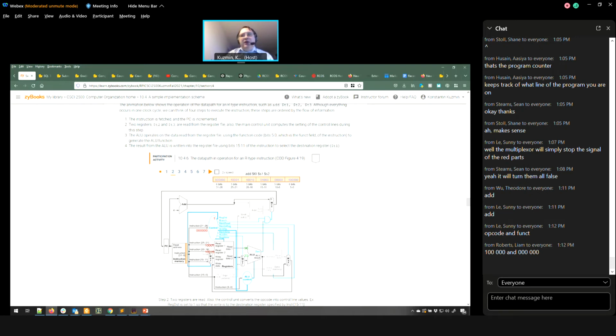With the input of all zeros for the opcode, the register destination is 1, and that switches this multiplexer to the lower input, which would be the write register, bits 15 to 11, and we know this is our RD.